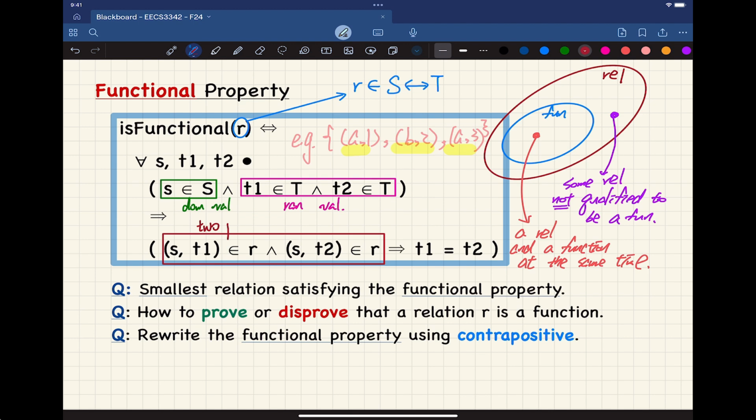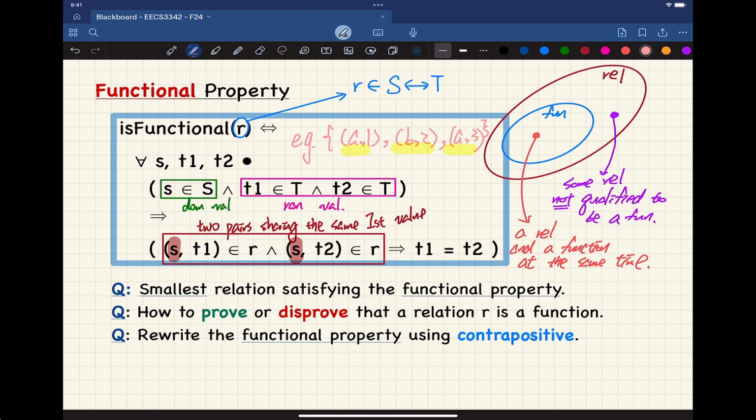Two pairs sharing the same first value. In this case, of course, they are sharing the first value here, right? But T1 and T2, it would be a function if T1 and T2 are exactly the same. Okay, and we'll see what the consequence really means.